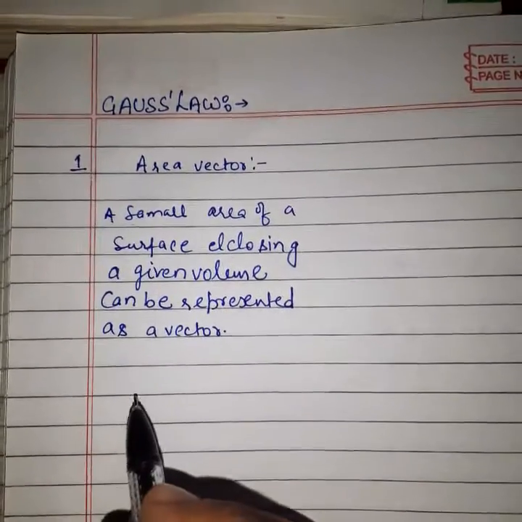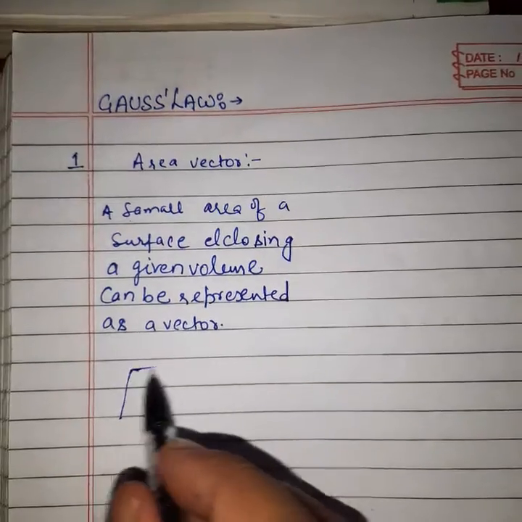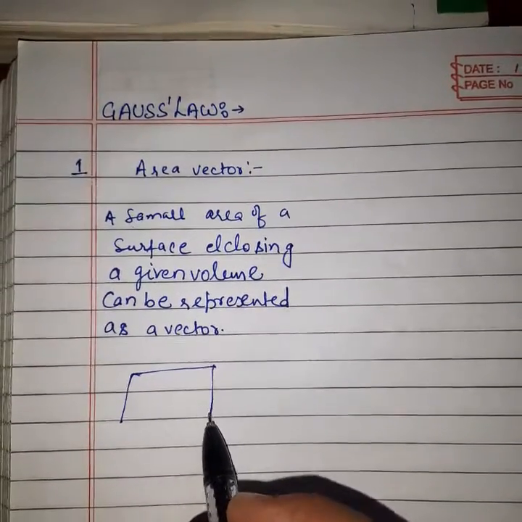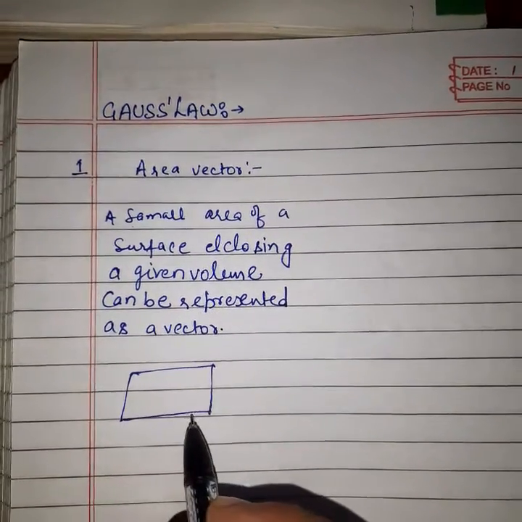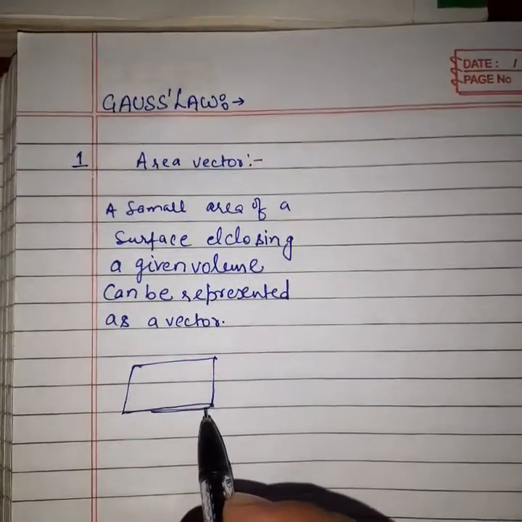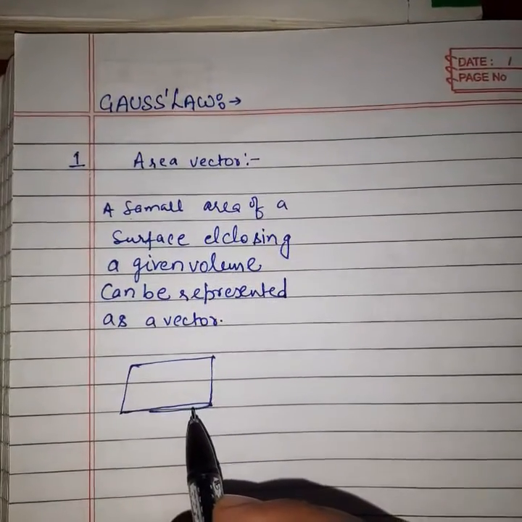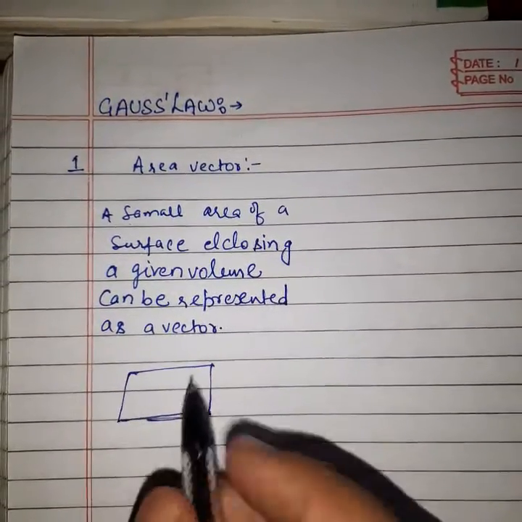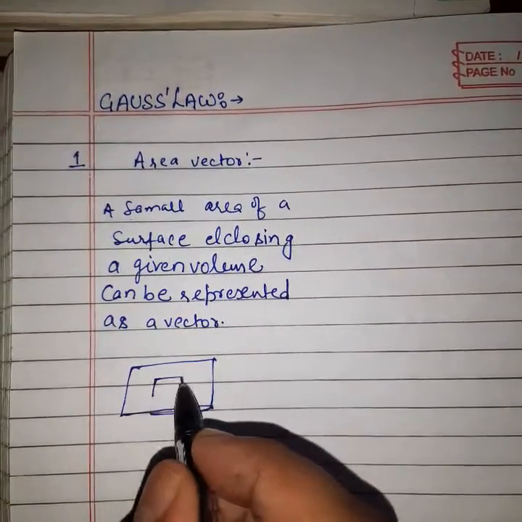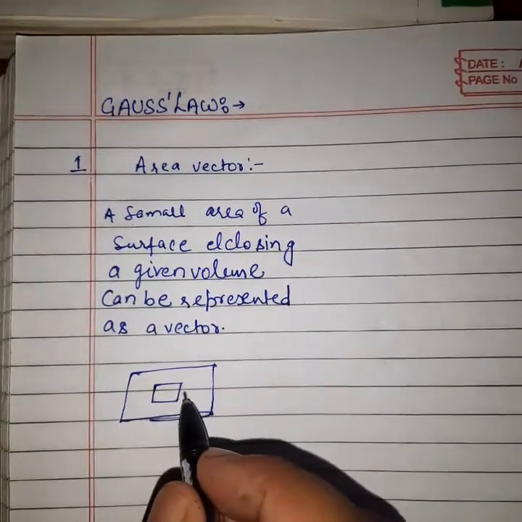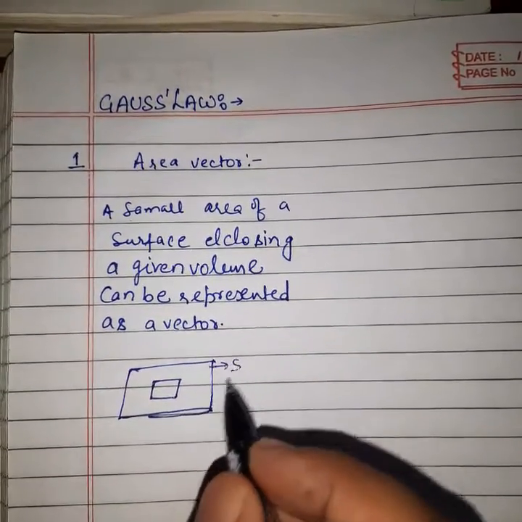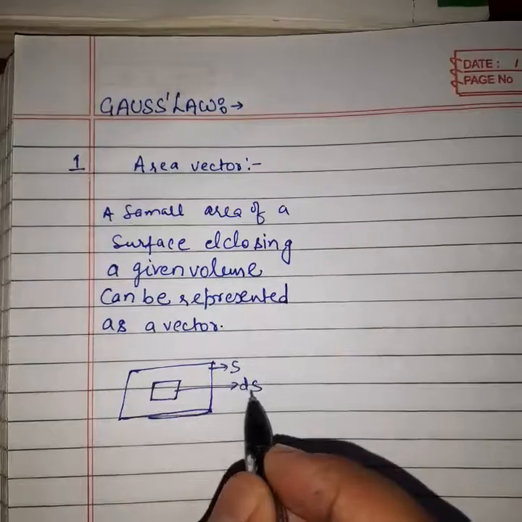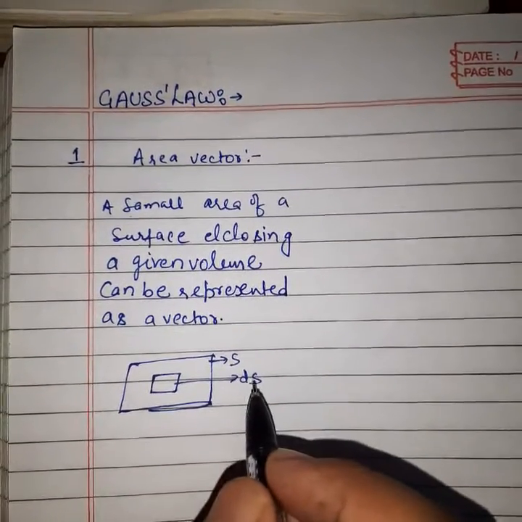Listen, one thing: we can take any surface. This surface can be rectangular, square, circular, anything else. We will select a very small area in this surface. We can say the total surface is S, and the small surface is ds.